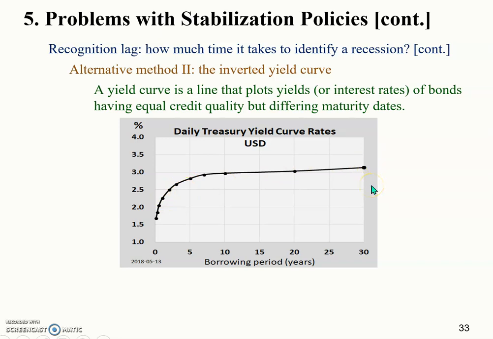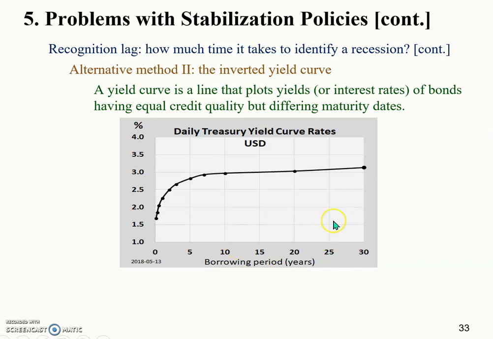So if you purchase a 30-year Treasury bond, that means you have to wait 30 years to get paid back. Of course, before that, you can still sell this bond to someone else. But if you choose to wait until the bond matures, then you have to wait 30 years.